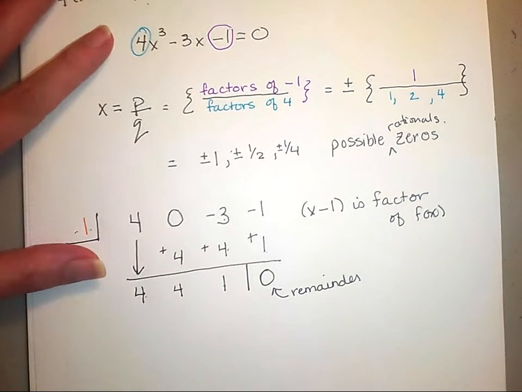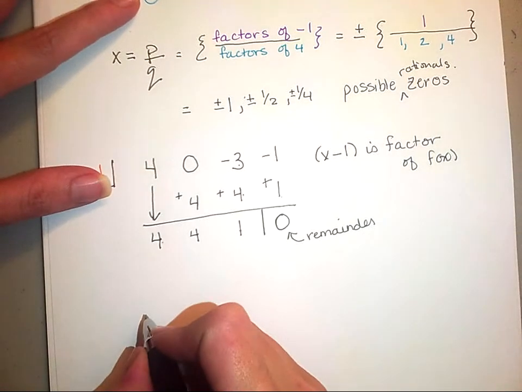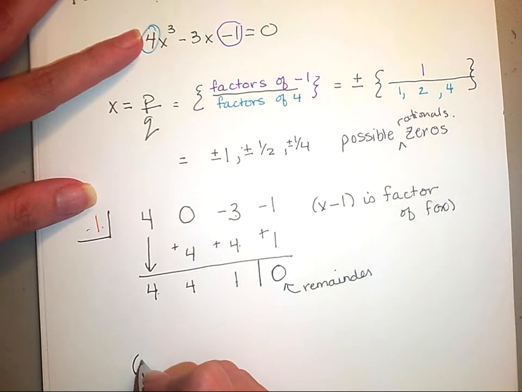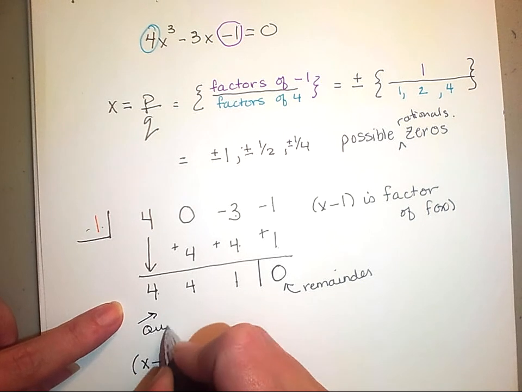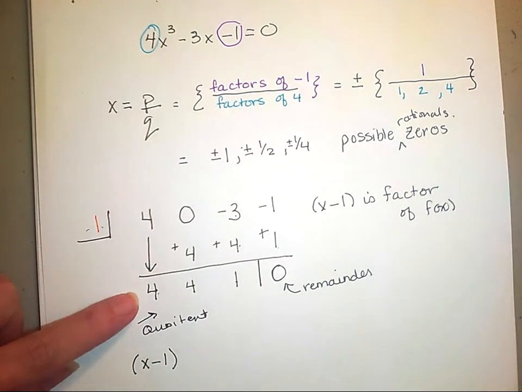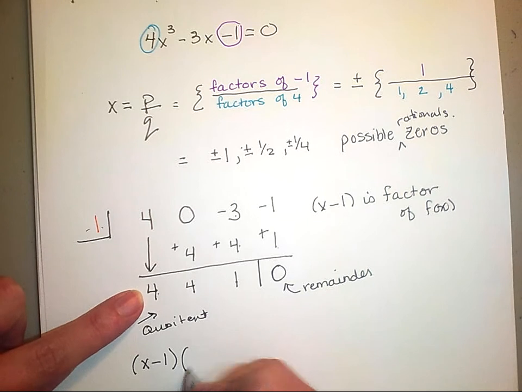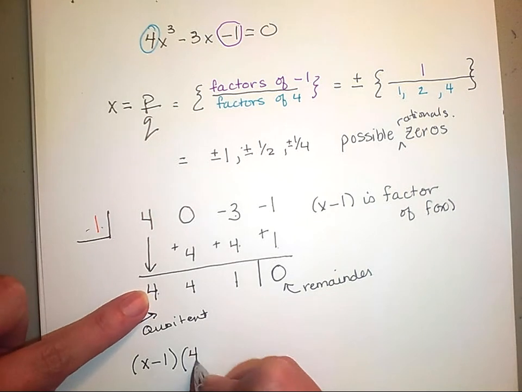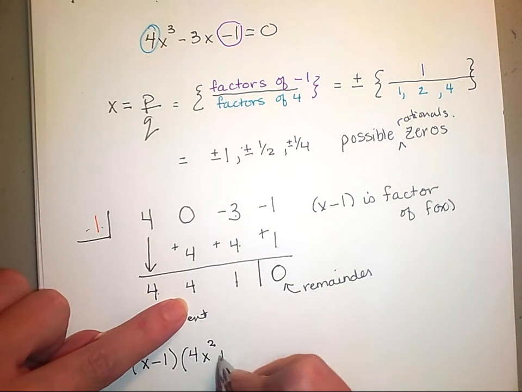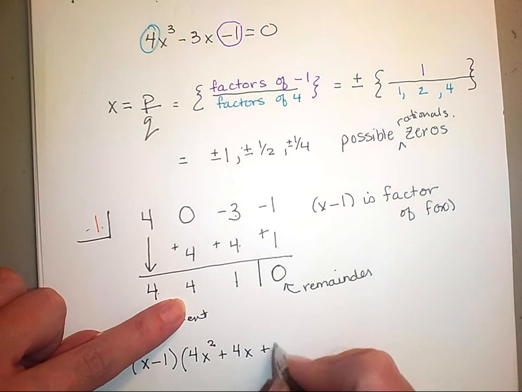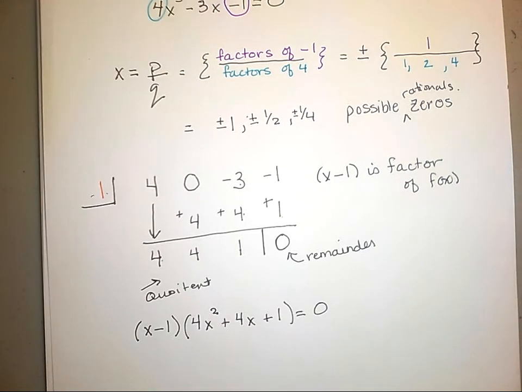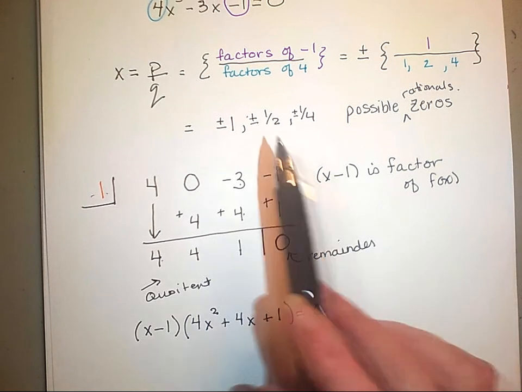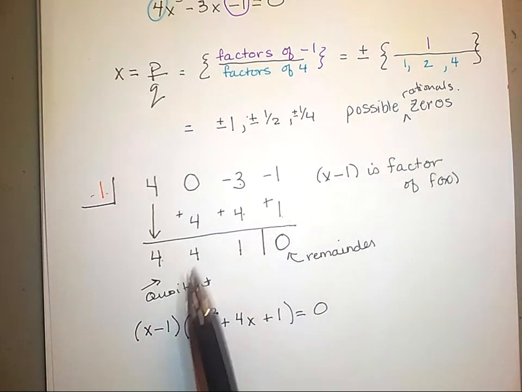So we could rewrite the equation equal to 0 as x minus 1 times the quotient. These are the coefficients, and since it wasn't x cubed, this will become an x squared. So 4x squared plus 4x plus 1, and that equals 0. Now I can continue to run through all of these and redo synthetic division with the new ones.